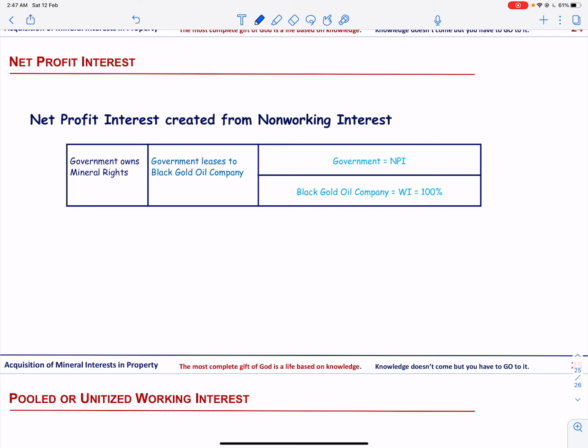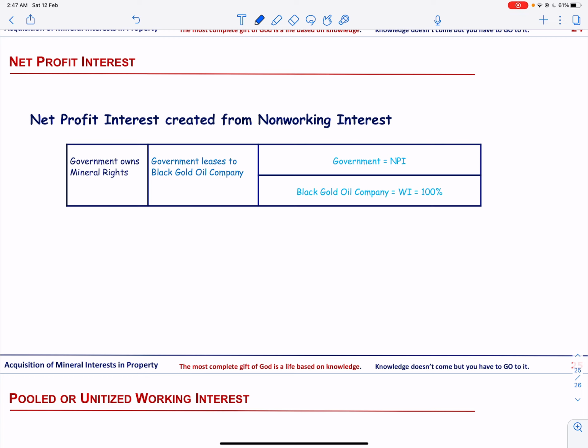The lease agreement lays down the items deductible from the gross revenue to calculate net profit. Interestingly, the net profit interest owner is entitled to a percentage of profit, but they are not responsible for any losses. Although such losses can be recovered from the non-working interest owner from future profits.